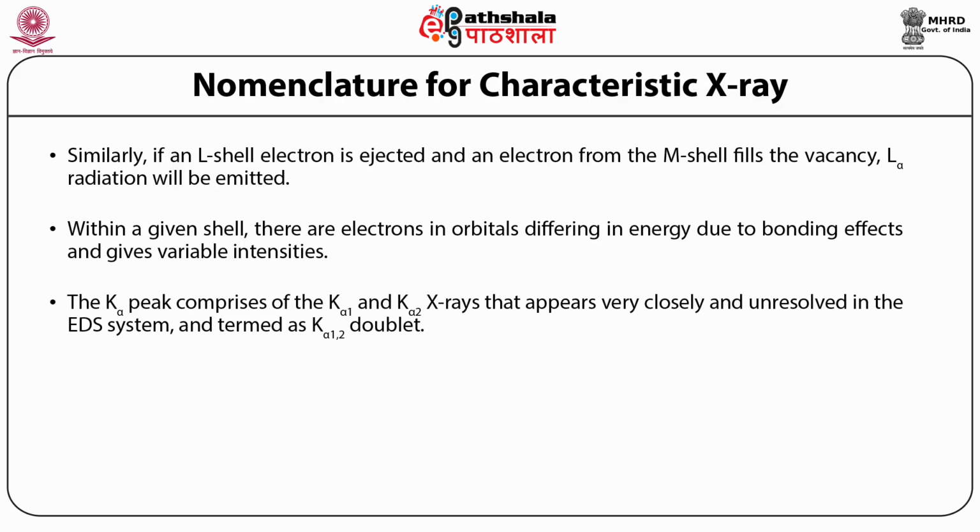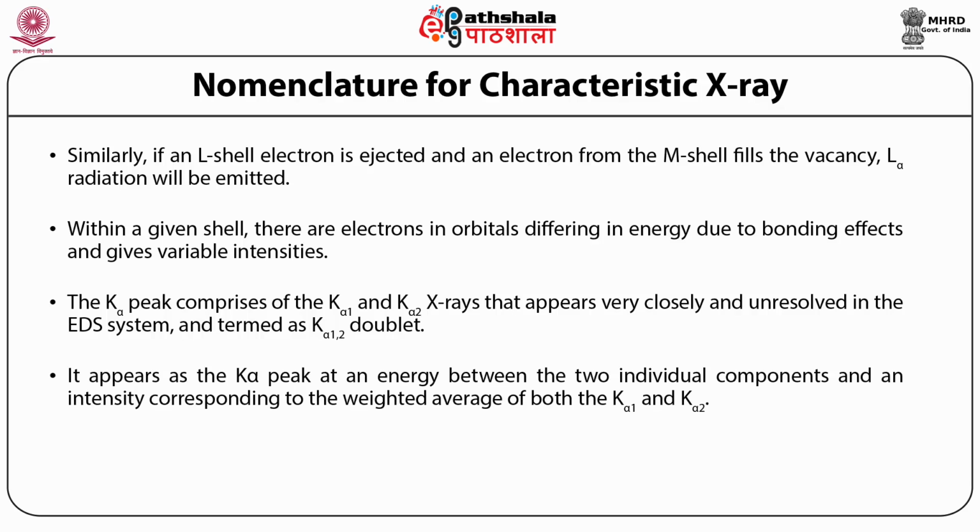The K alpha peak comprises the K alpha 1 and K alpha 2 X-rays that appear very closely and unresolved in the EDS system and are termed the K alpha 1,2 doublet. It appears as the K alpha peak at an energy between the two individual components and an intensity corresponding to the weighted average of both the K alpha 1 and K alpha 2.